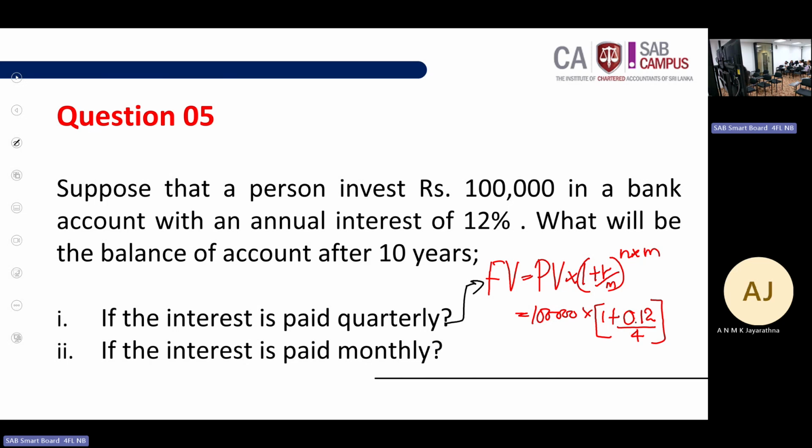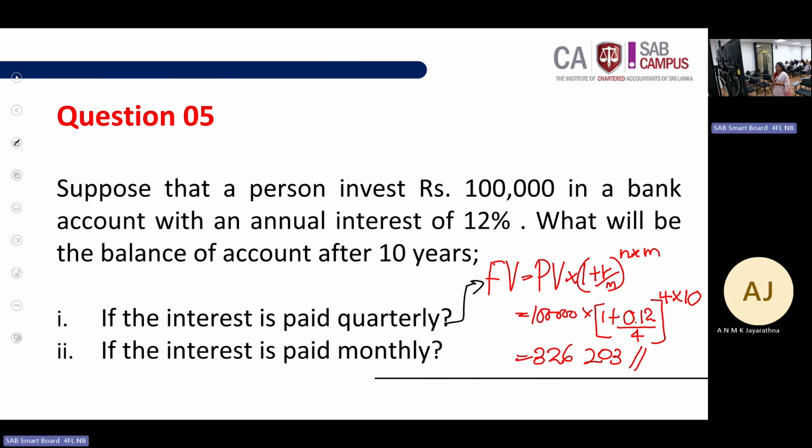We have 4 quarters, and for each quarter we are going to have the interest. Accordingly, we are keeping this investment for 10 years. The answer is 326,203.